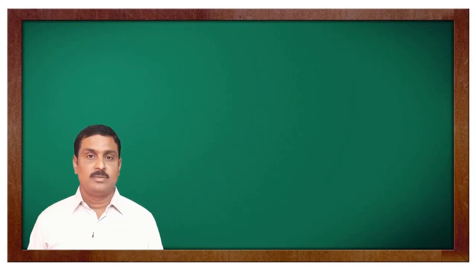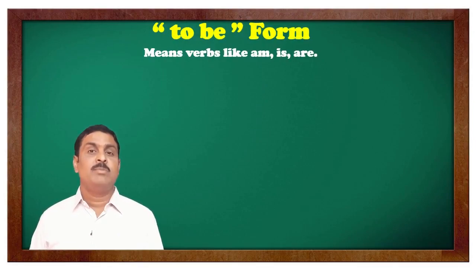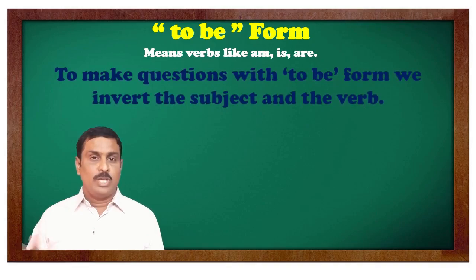Like this. Remember that we use do or does for all the verbs except the verb to be, that means verbs like am, is, are. In making questions with am, is, are, we invert the subject and verb.